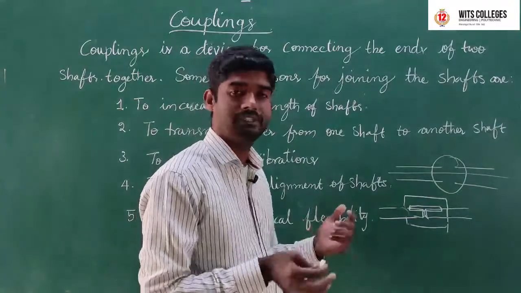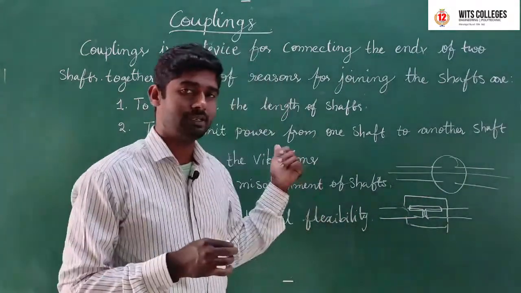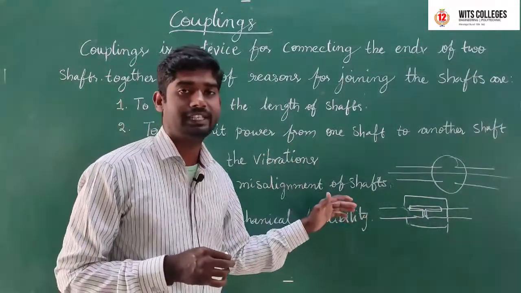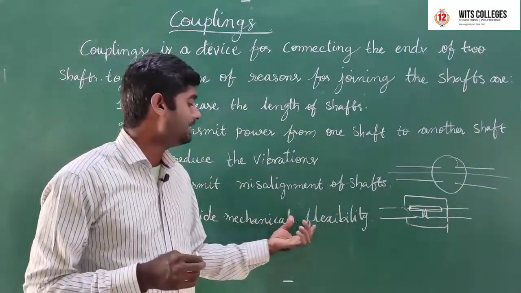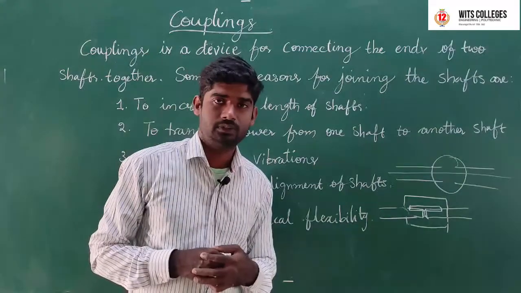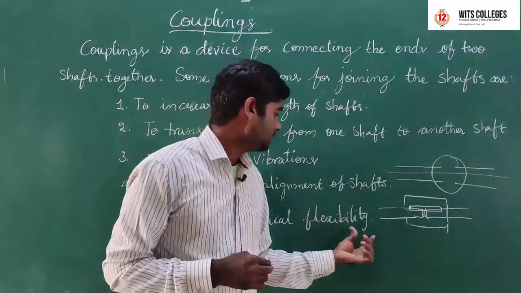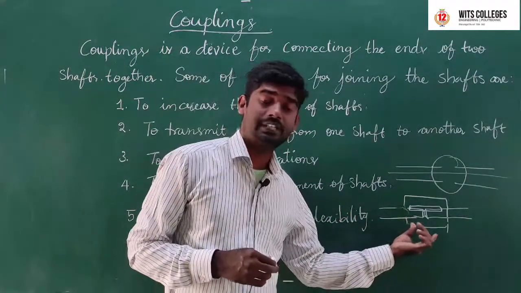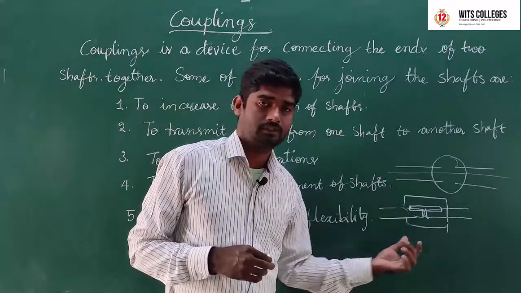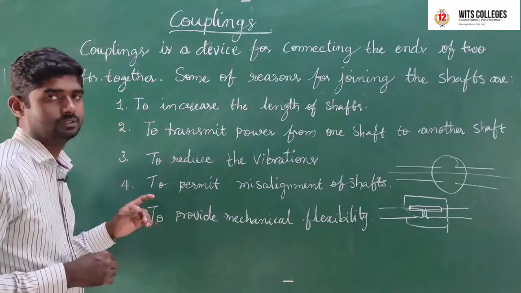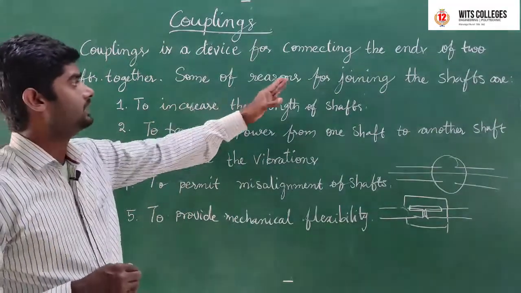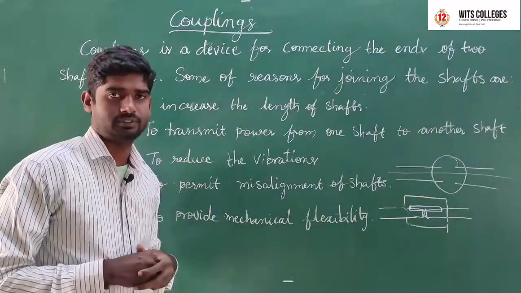If there is any misalignment, we use the coupling to prevent it. Next, to provide mechanical flexibility, increasing the flexibility of the shafts. These are the 5 important reasons for joining the shafts.